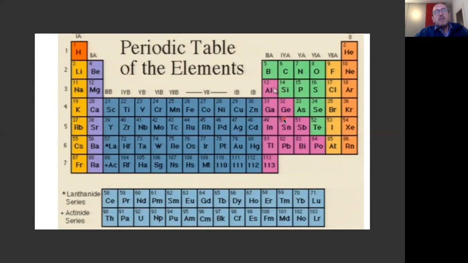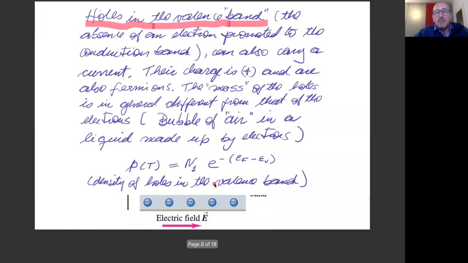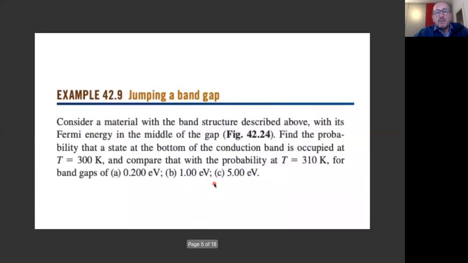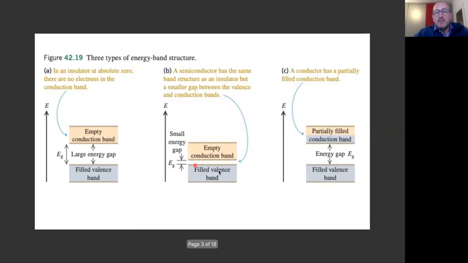The gap in germanium is about 0.7 electron volts. It's lower than silicon. And it also has this peculiarity that the band is completely filled. This is the model for germanium. So I have a completely filled band and this is empty.